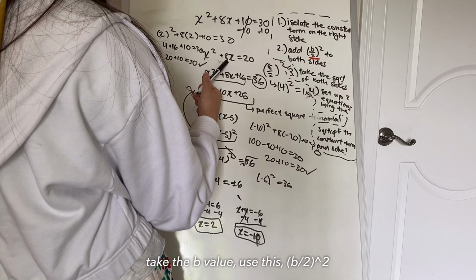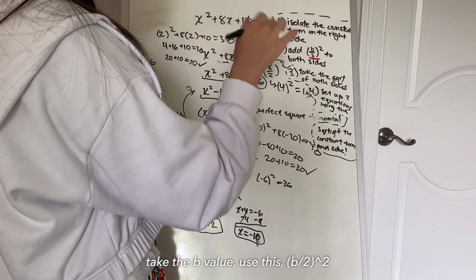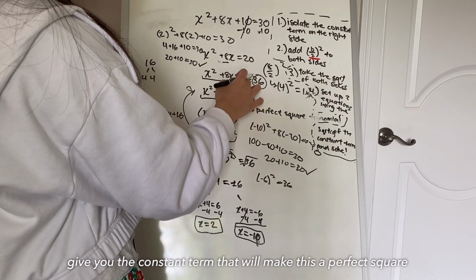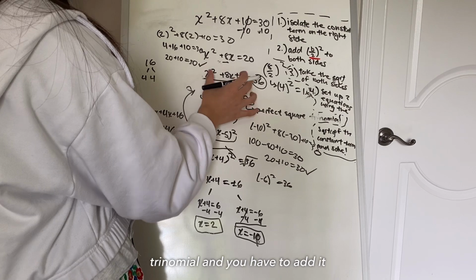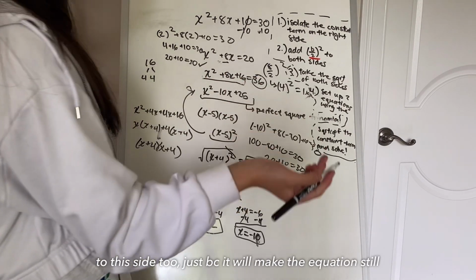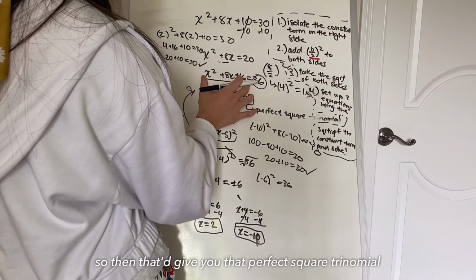So you take the b value, use b over 2 squared, and add it to both sides. That gives you the constant term that makes this a perfect square trinomial, and you add it to this side too so the equation stays equal. Then that gives you that perfect square trinomial.